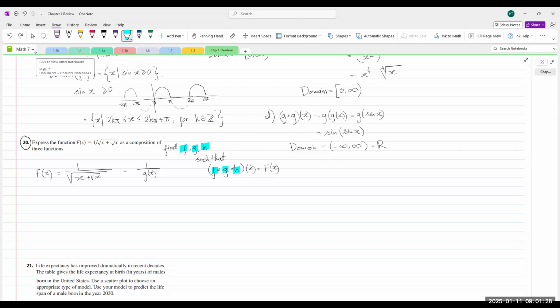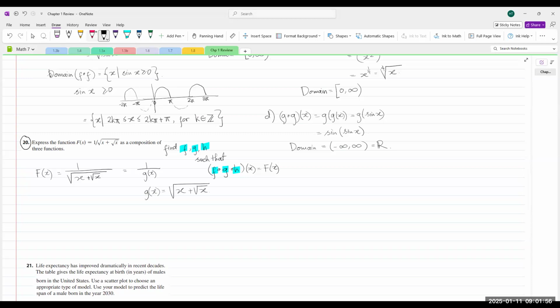Okay, let's do it. That's what I'm about to do. Yeah, so suppose we see this as 1 over g(x). Okay, 1 over g(x). So my g(x) now is the square root of x plus the square root of x.